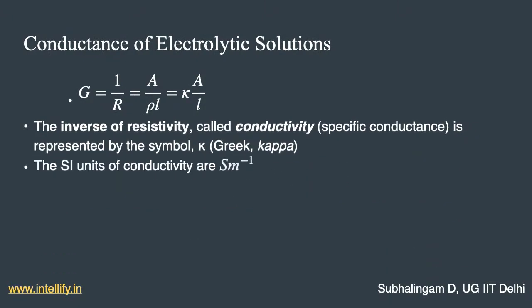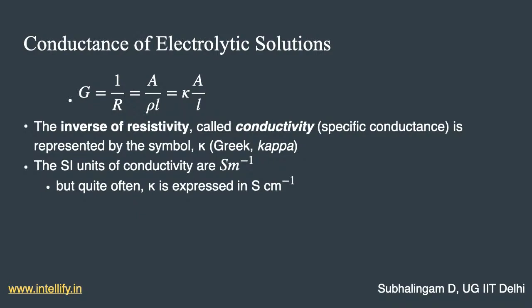The SI unit of conductivity is Siemens meter inverse. Why? Conductivity is inverse of resistivity. For resistivity, the unit is ohm meter. So 1 by ohm meter, that is ohm inverse meter inverse, which is Siemens meter inverse. So that's the unit of conductivity.